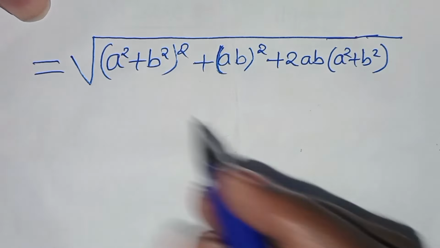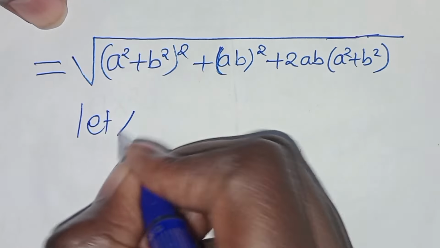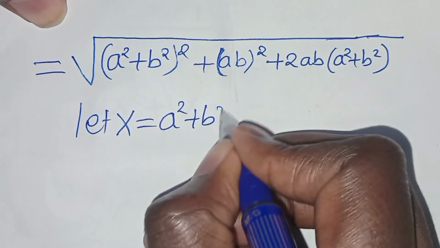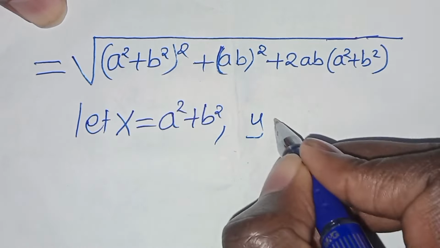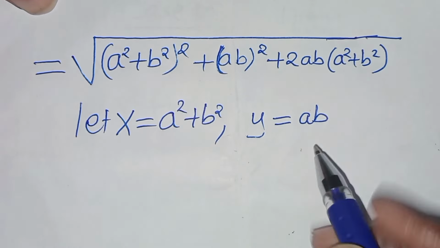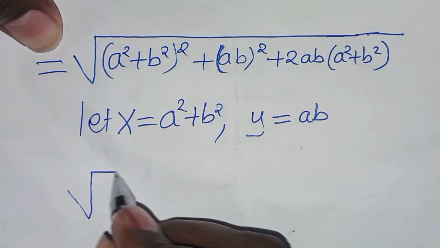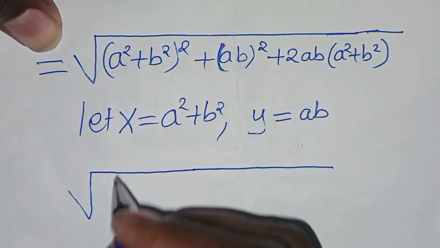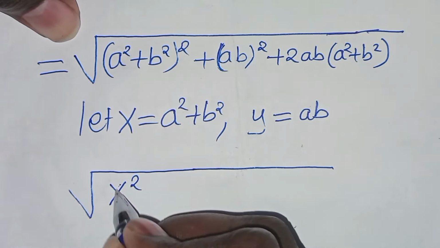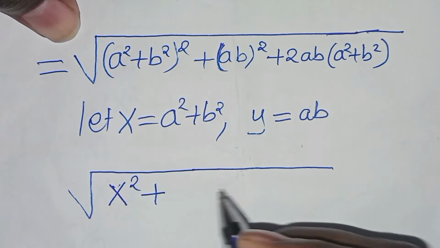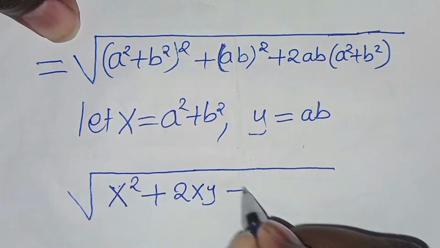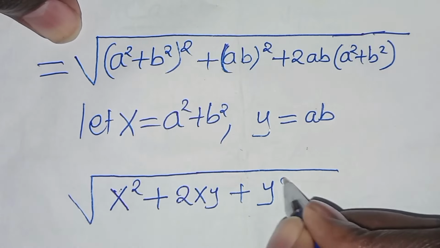Now from here, we can let x be equal to A squared plus B squared, and we can let y be equal to AB. Substituting this, we have the square root of x squared plus 2xy plus y squared.